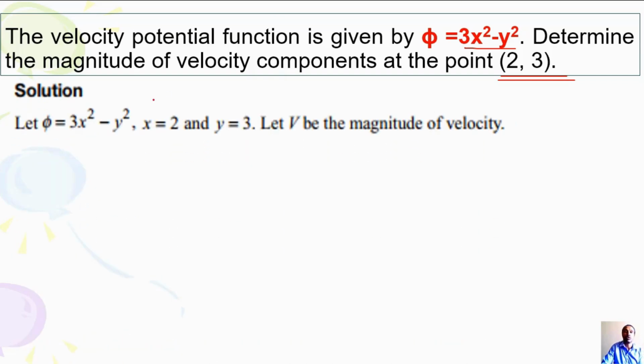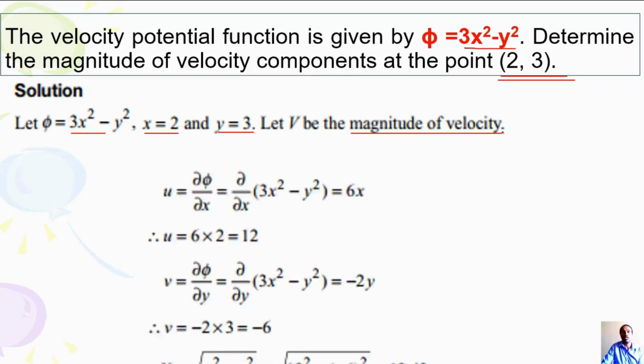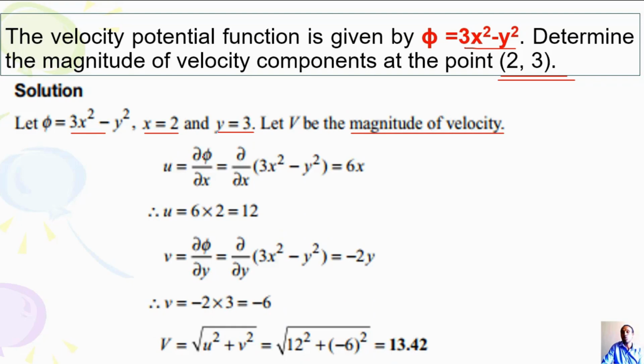Now let us see the solution. You have phi, which is the velocity potential, given at these points. Now let v be the magnitude of the velocity. Then we can have u equal to partial phi with respect to x, where phi is already given, and with respect to x you get 6x.